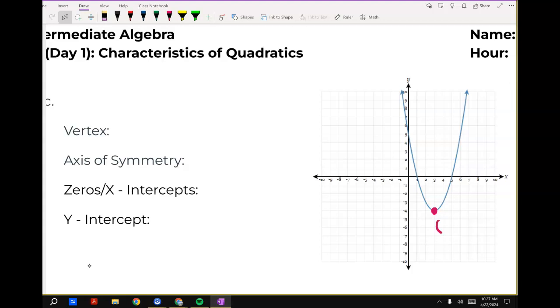Make sure we're having that x point first. My axis of symmetry, I'm going through the x point of my vertex, so it's x is equal to 3.